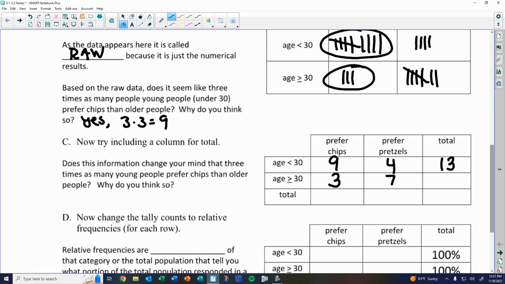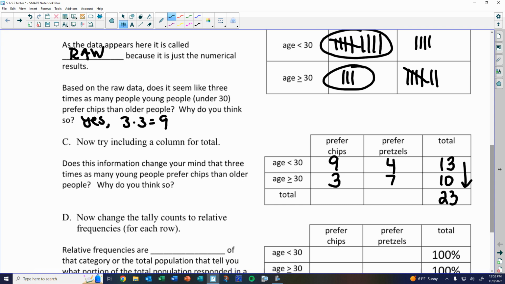If you count that table on the left up top, you count 13 of them. How many people are there 30 or older? 10, right? How many total people were there in this thing? 23. If I go in this direction, it adds up to 23.